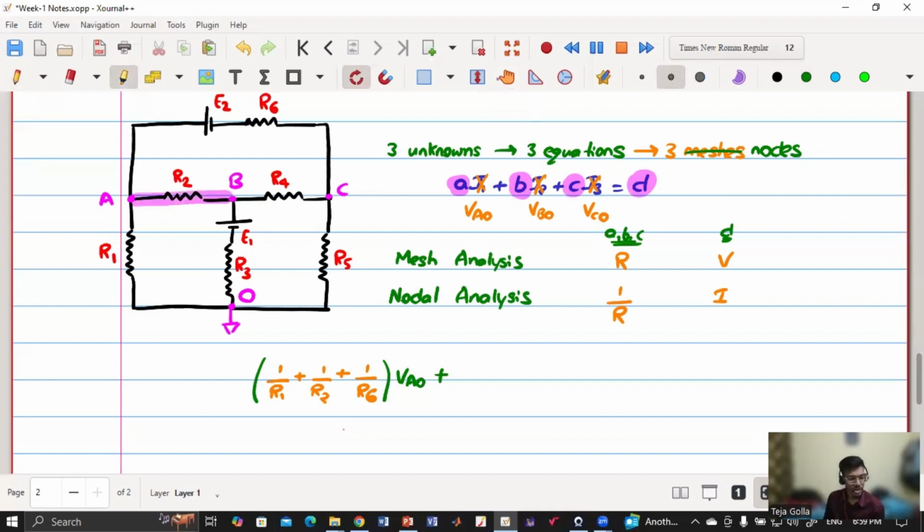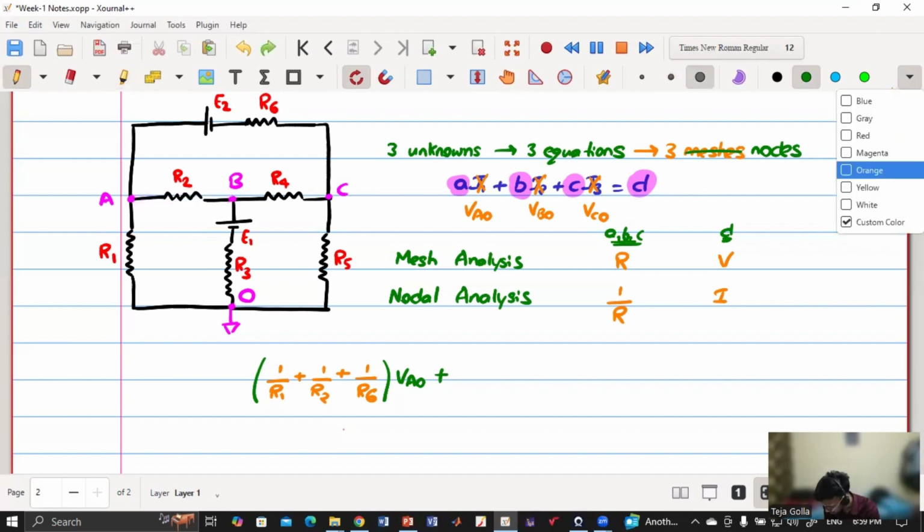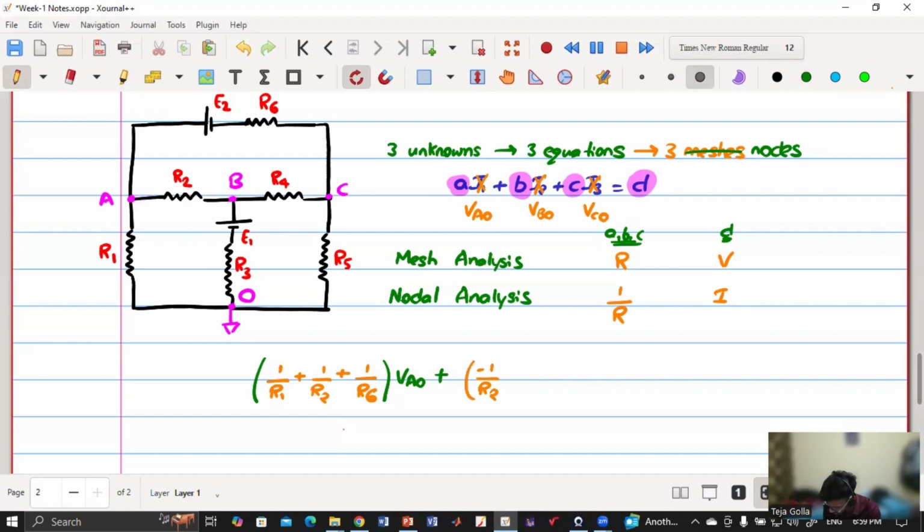Resistance R2 is connected between A and B, and we are writing the coefficient of VBO, so it will be minus 1 by R2 into VBO. Then for VCO, what is the resistance connected in between A and C? R6. So it will be minus 1 by R6.